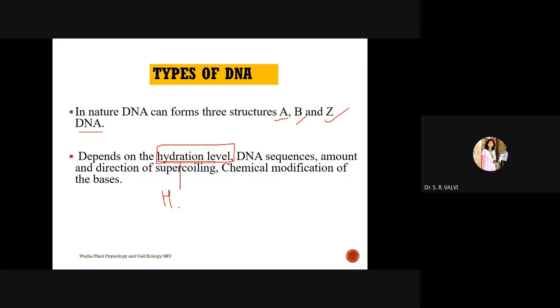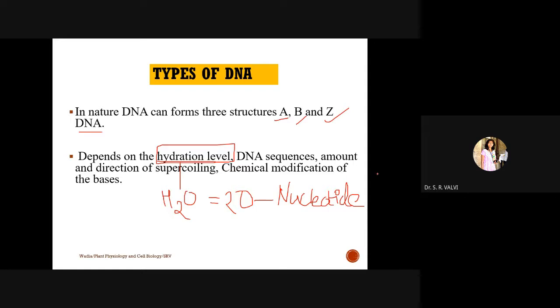Students, please do remember there are a total of 20 water molecules present per nucleotide, within this per nucleotide base pairing. So depending on this hydration level, or depending on these water molecules, the type of DNA exists, right?